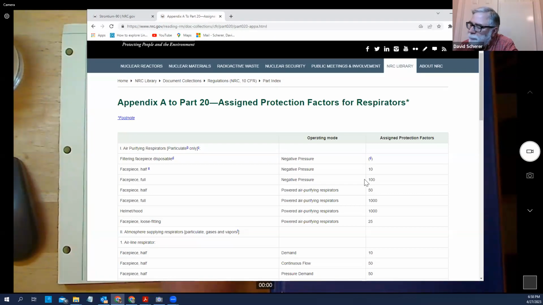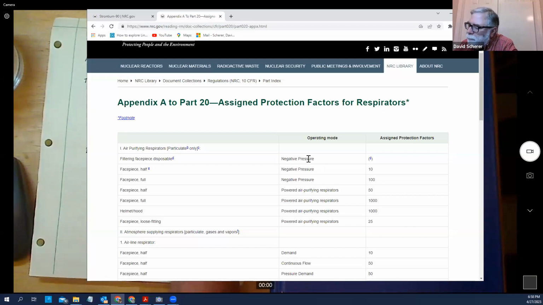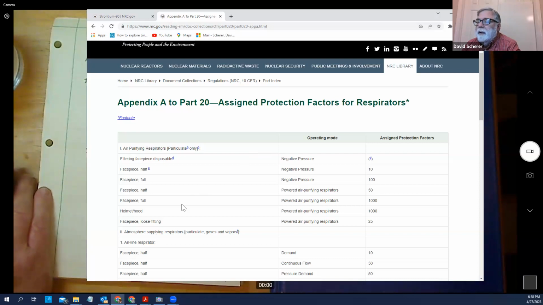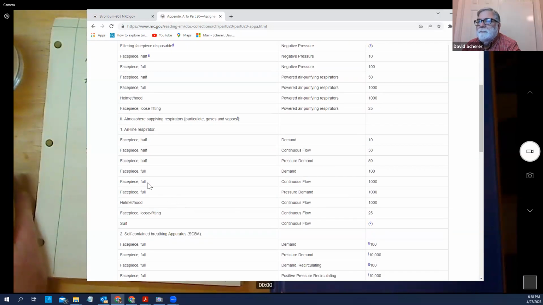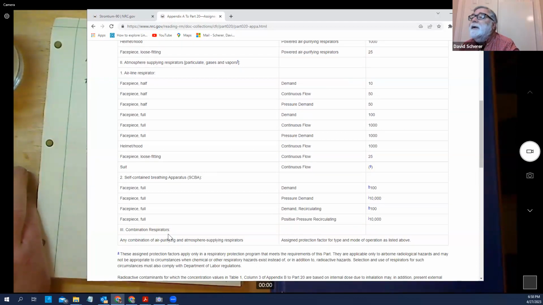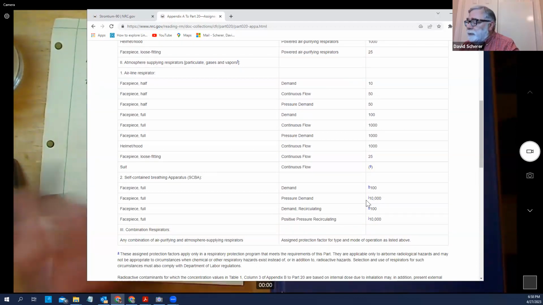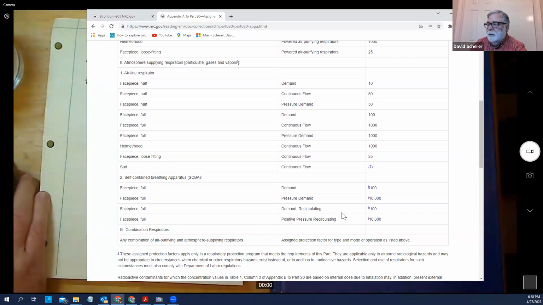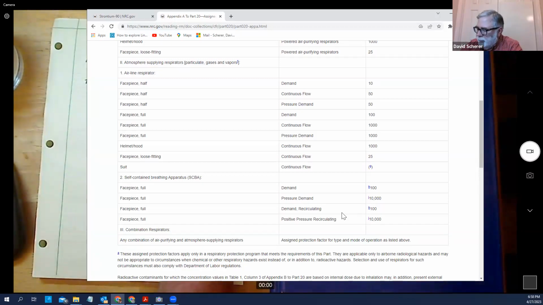So with no respirator, there's no APF. With a full face negative pressure respirator, it's 100. And with SCBA, we've got pressure demand, so it's 10,000. Okay, so we've got our APFs here.